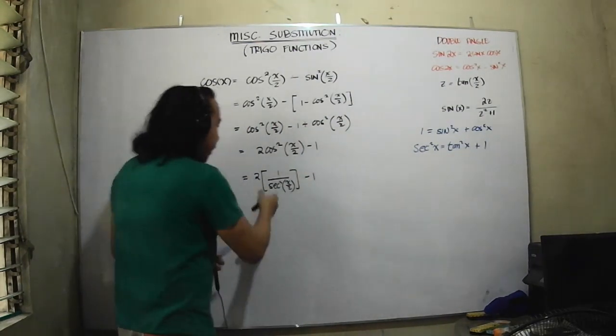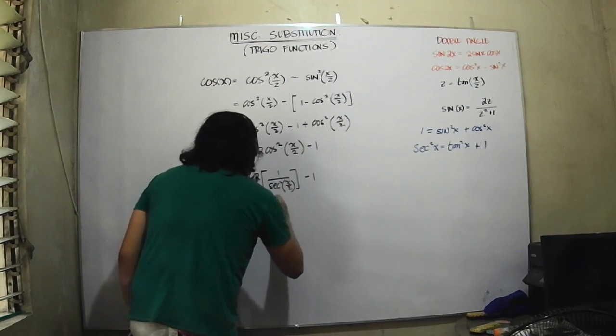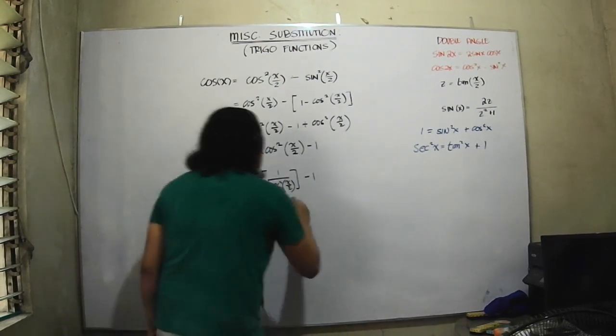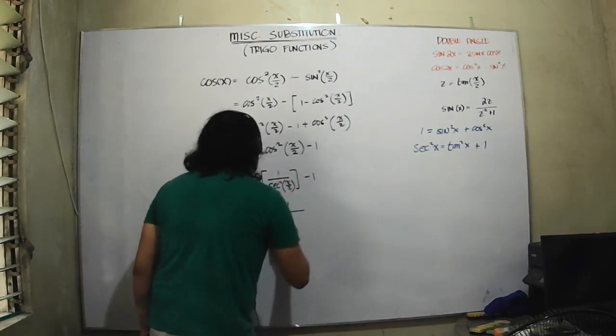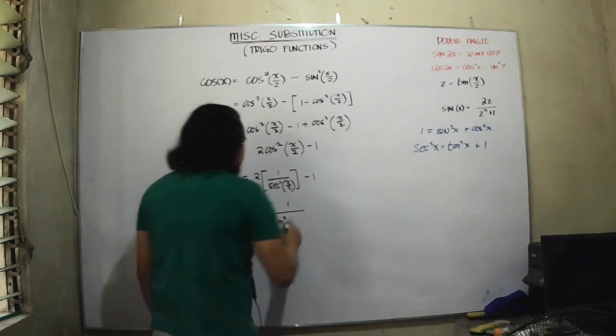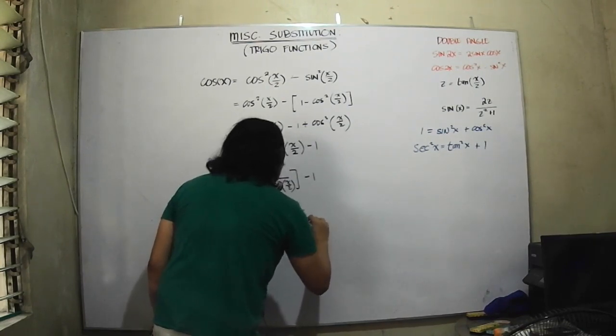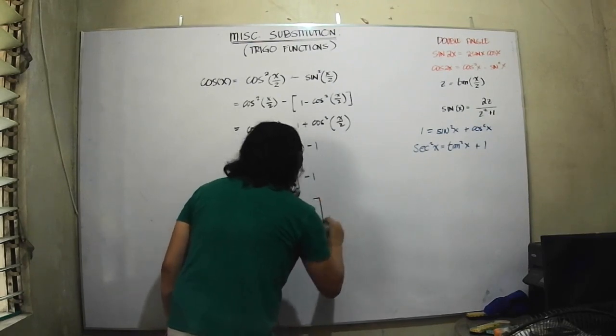So with that in mind, I express this in terms of tangent. So this is 1 minus, by the Pythagorean identity of secant and tangent, tangent squared x over 2 plus 1, minus 1.